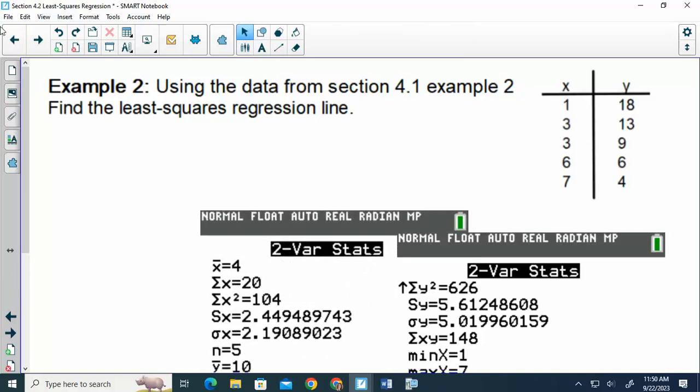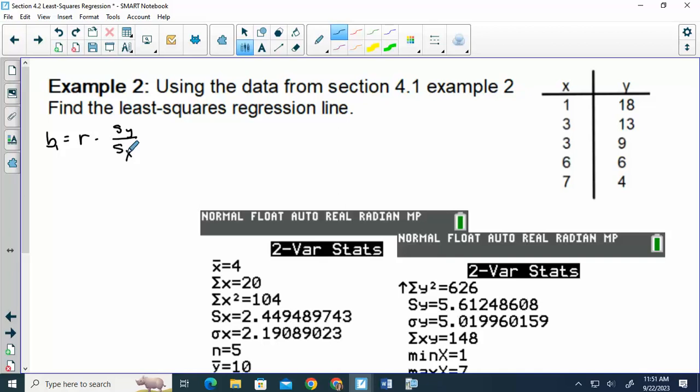If I want the least squares regression line, looking at our formula sheet, let's practice using this. We know we're looking for y equals mx plus b. The slope, b sub 1, equals r times standard deviation in y divided by the standard deviation in x.